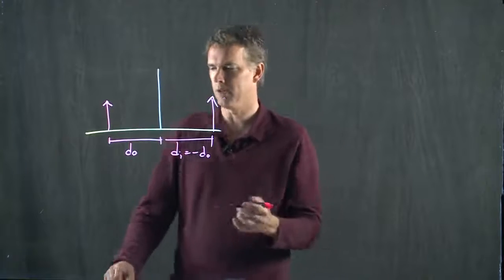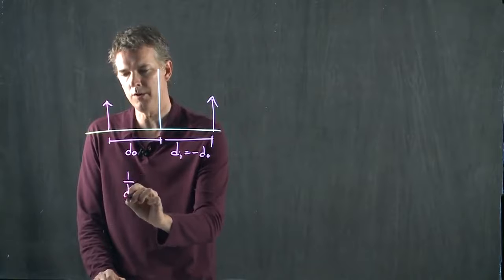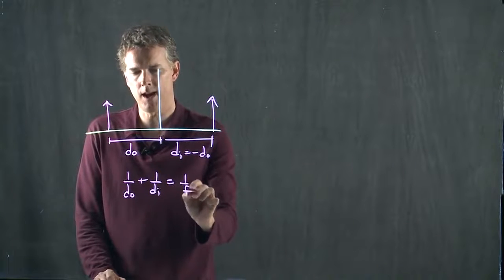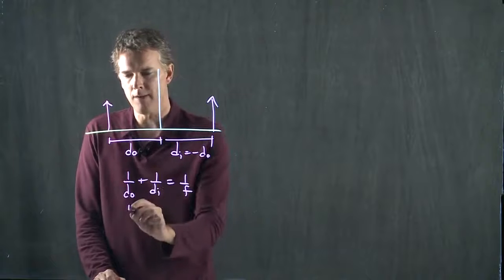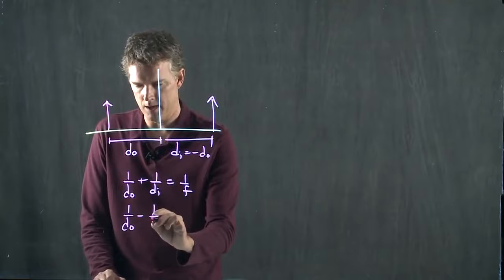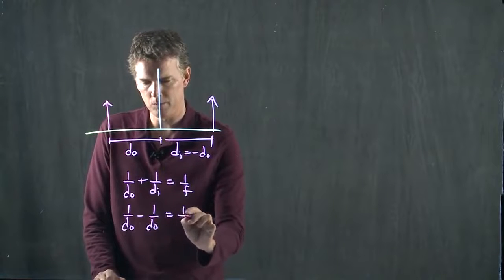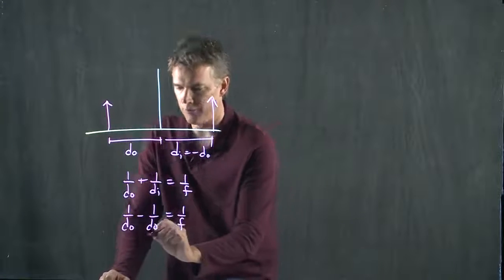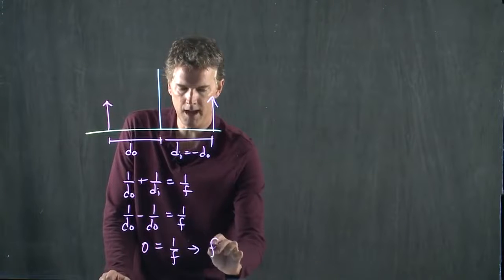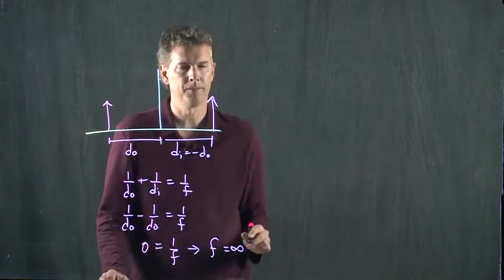And so now if you go back to your equation, right, we had 1 over dO plus 1 over di equals 1 over f. We're going to have 1 over dO minus 1 over dO equals 1 over f. And if 0 equals 1 over f, the only option is f is equal to infinity.